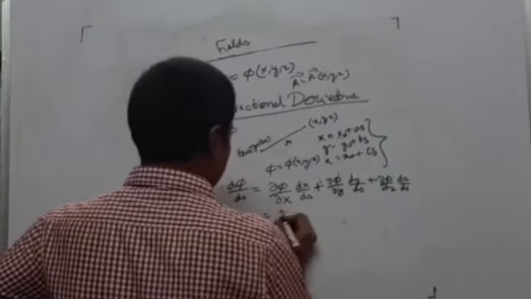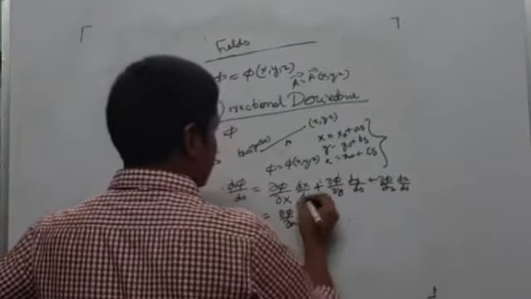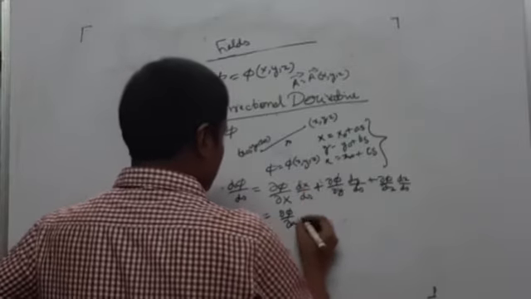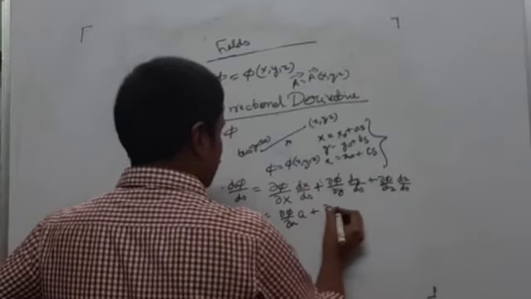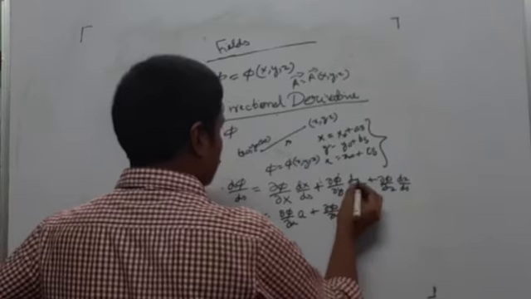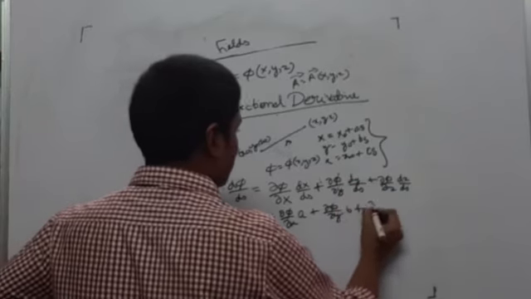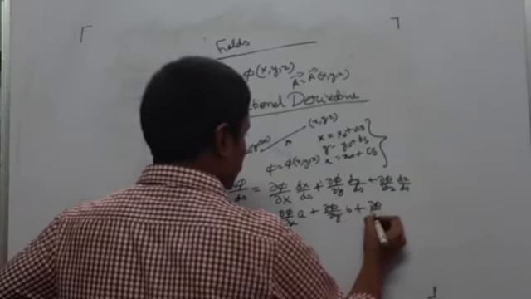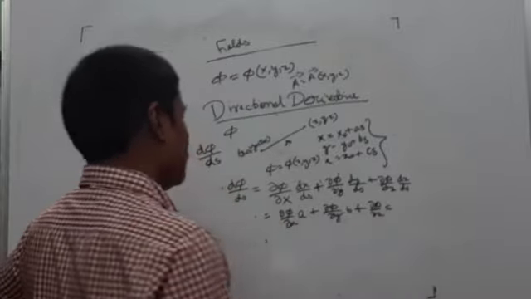And what is dx of ds? x0 is constant, so it's a, and y0 is constant, so it's b, and z0 is also a constant, so this derivative is c.